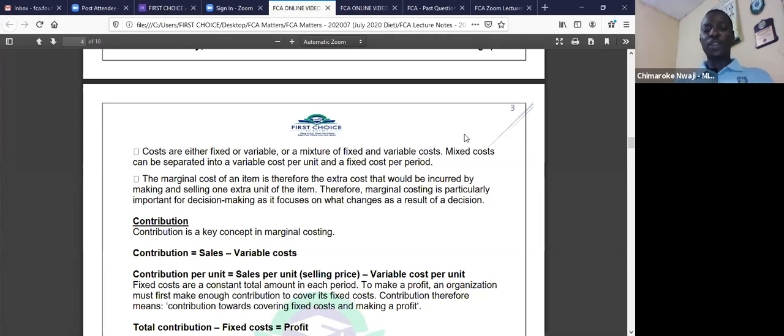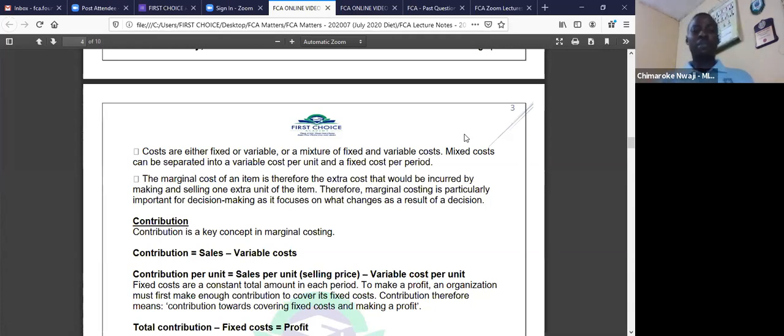If you get a figure, test the second one. If you get the same figure, you know that's a variable cost, because variable cost per unit is a constant. But if you get a different cost per unit from the first month to the second month, you know that this is not variable, but a mixed cost.